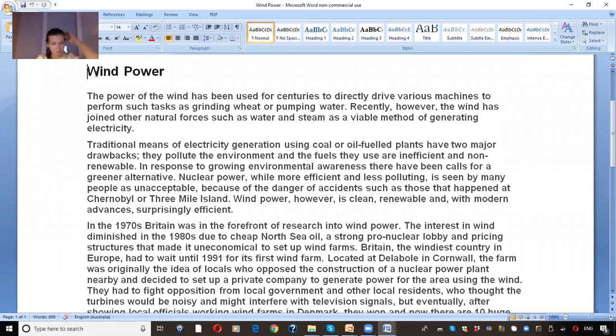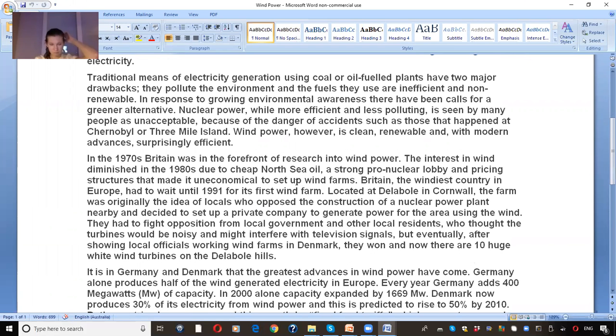So here we see the article, and I'll send you this. We can see as we go through, okay, wind power. That's the thing. Now let's skim this, right? The power of the wind has been used for centuries to directly drive various machines. Good. Traditional means of electricity using coal or oil plants have two major drawbacks. Right. In the 70s, Britain was in the forefront of research into wind power. Good.